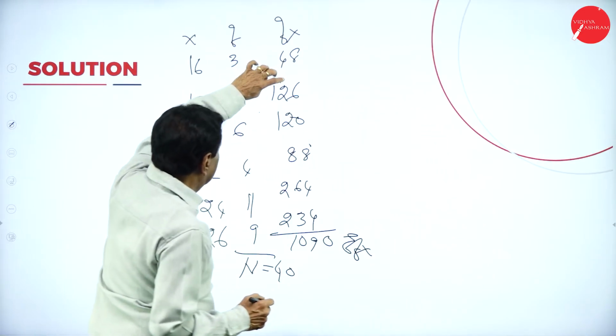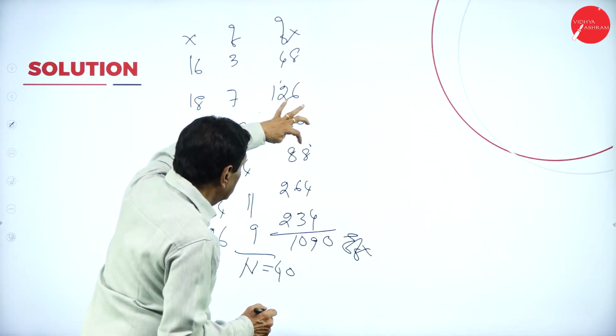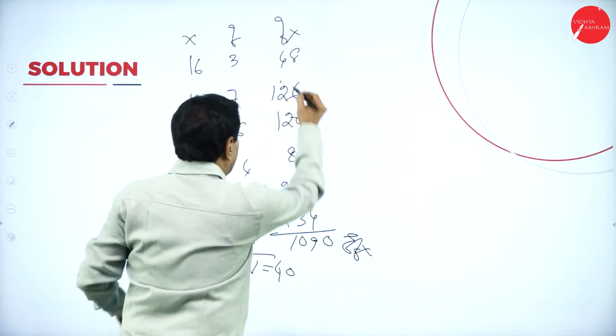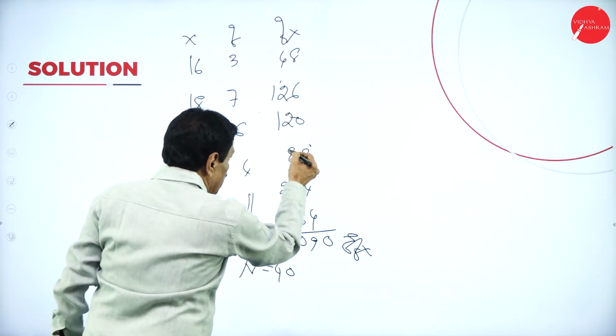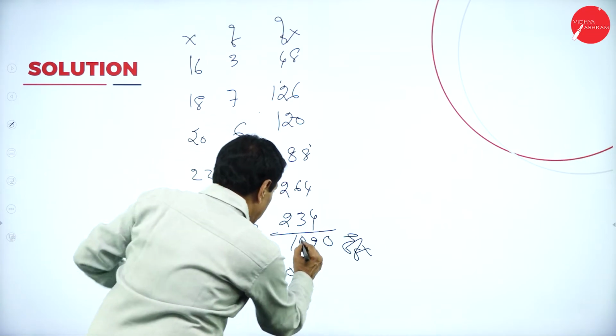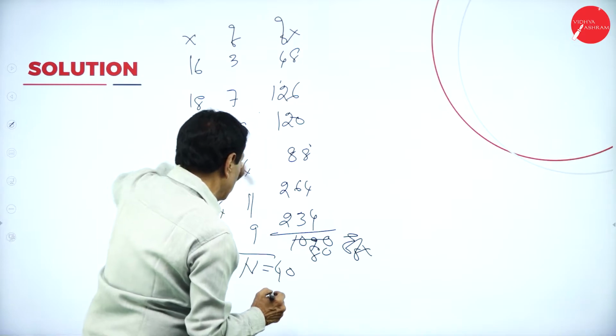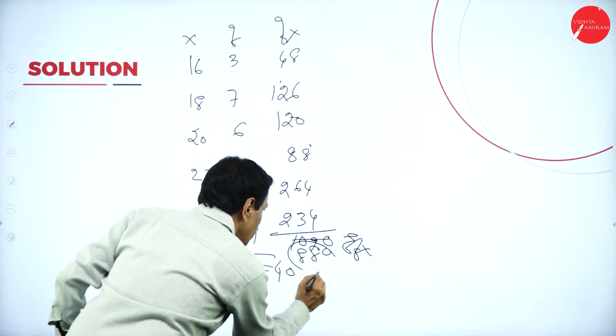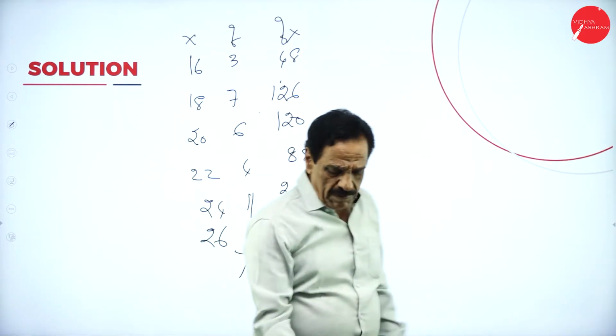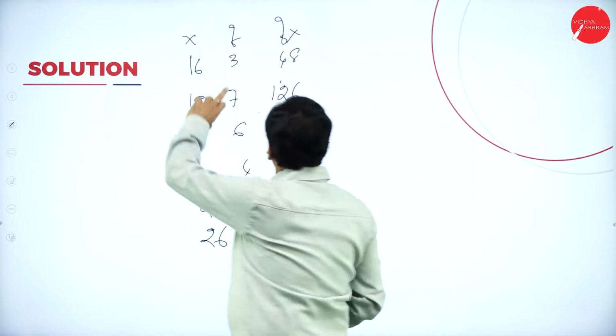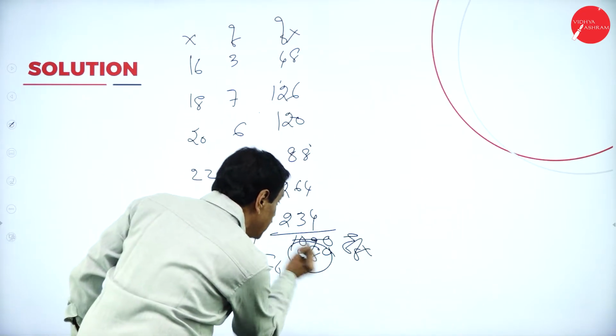So 4, 6, 8 plus 6, 14, 22, 26, 30, 3 plus 4, 7, 9, 11, 19, 25, 28. 2 plus 1, 3, 4, 2, 8. 880 is your total. So this is sigma fx, which is 880.